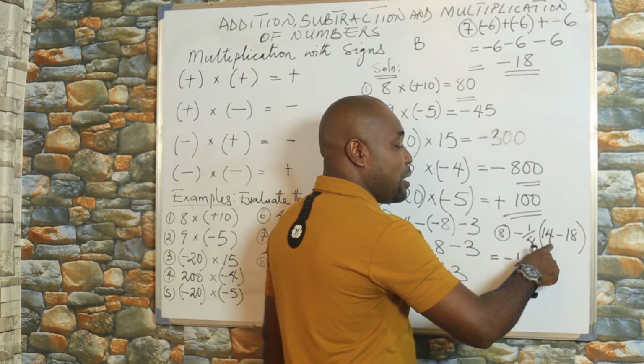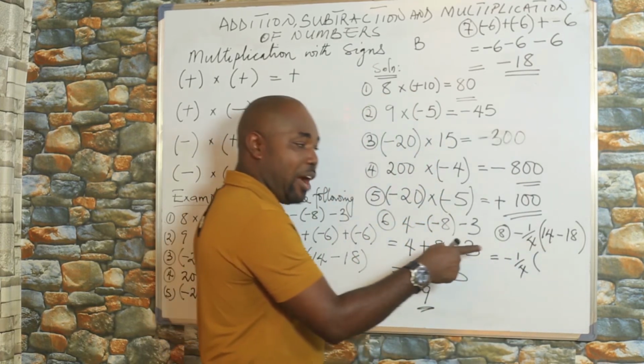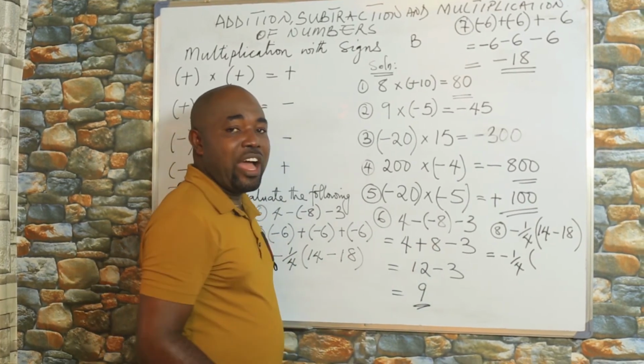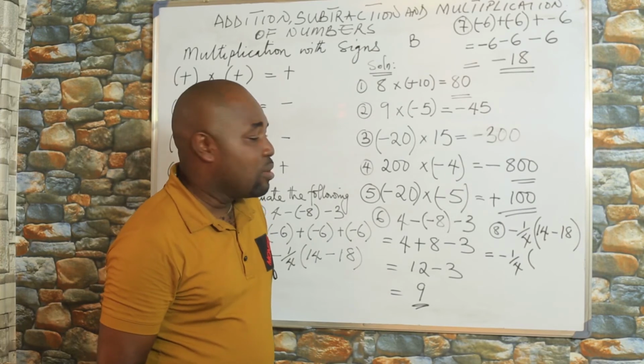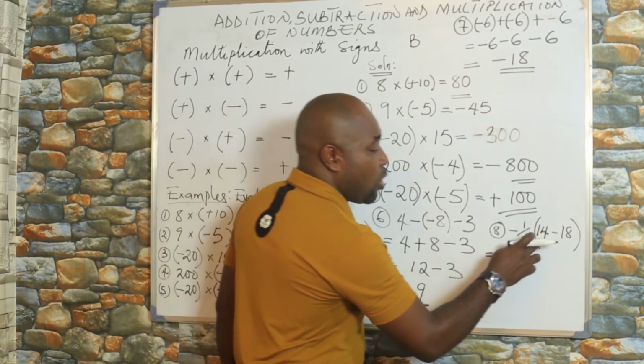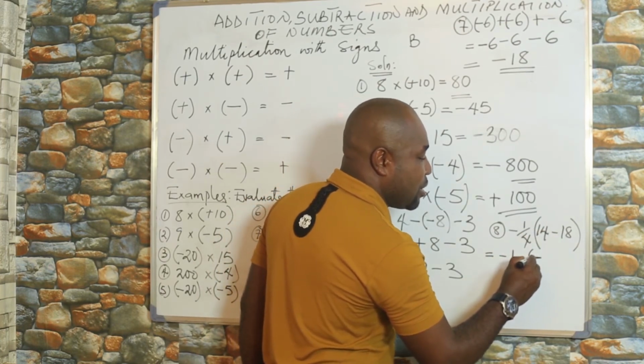So if we say 14 minus 18, ordinarily it cannot go, but if we are going to allow it here, your answer will be in the negative. Because 18 is greater than 14, the answer will be in the negative.